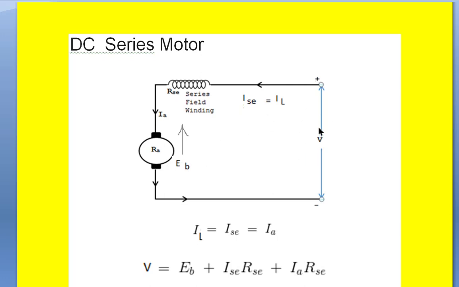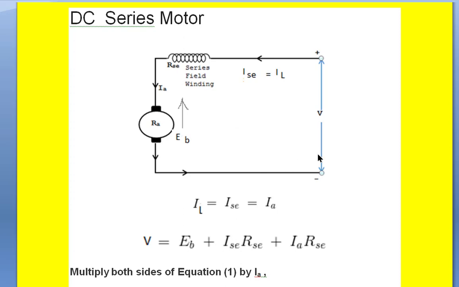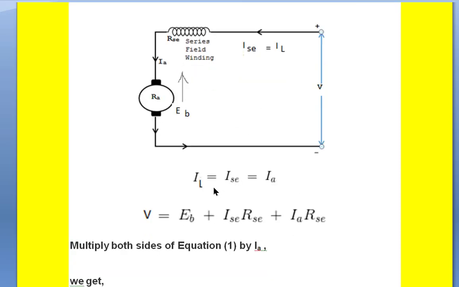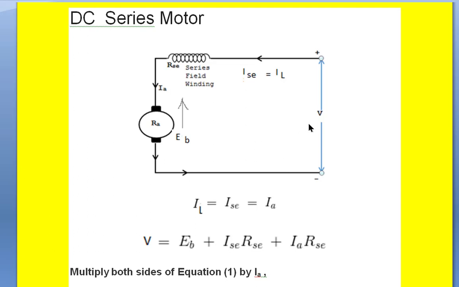When the DC supply is applied to the DC series motor, it also produces the back EMF. So the current equation can be written as IL, the load current, is equal to the series field current, which is equal to the armature current. From this, the voltage equation can be written as V is equal to EB plus Ia RA plus Ia RSE.